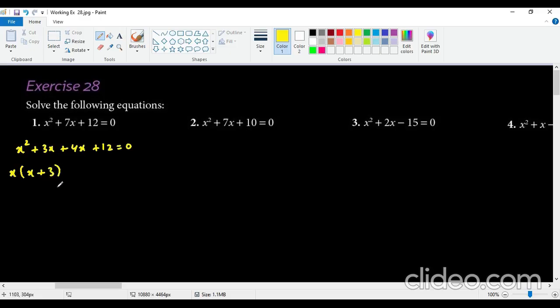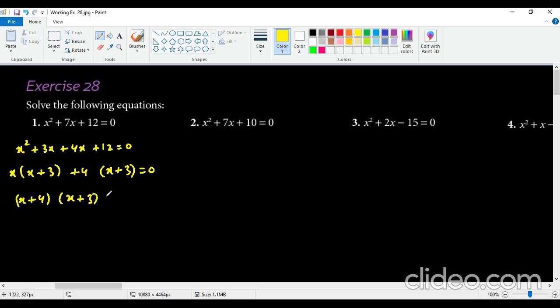As soon as you see this bracket, copy down this bracket, but this time the equal sign will be there. And look at the middle term, it's going to give you a plus 4x. A plus 4 is going to be in between. So x plus 4 and x plus 3 are the factors, with the equal sign.